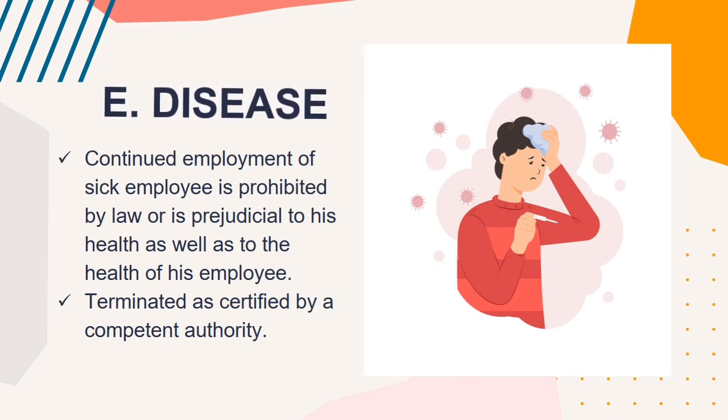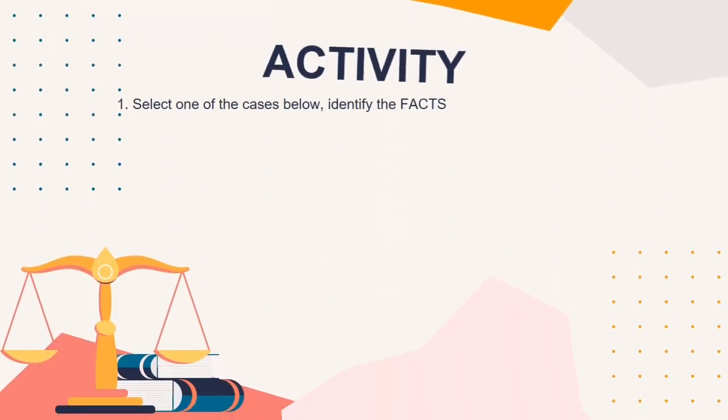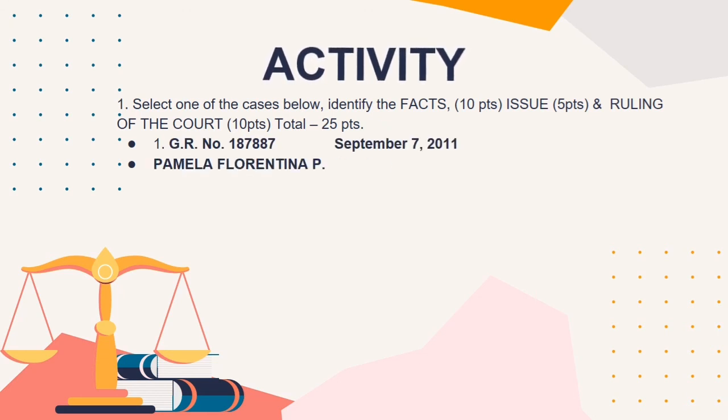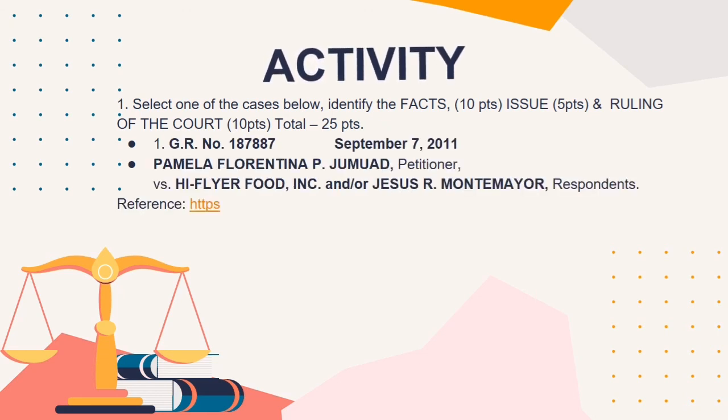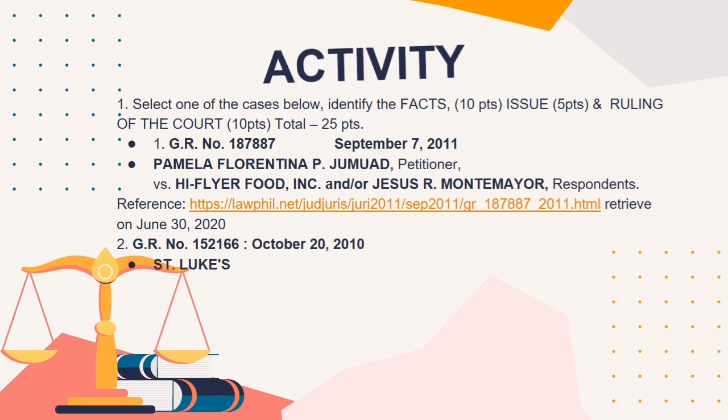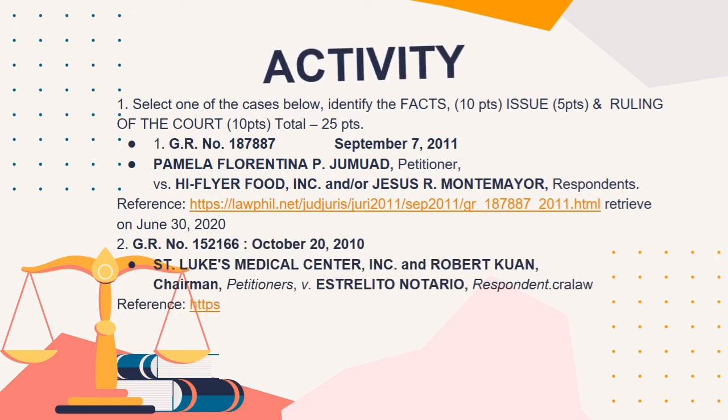Okay class, so that would be all for the topic. For your activity, select one of the cases enumerated on the slide and identify the facts, the issues, and the rulings of the court regarding the case.